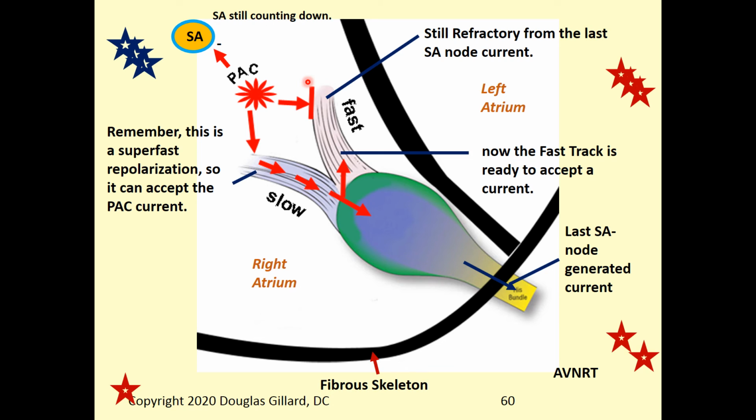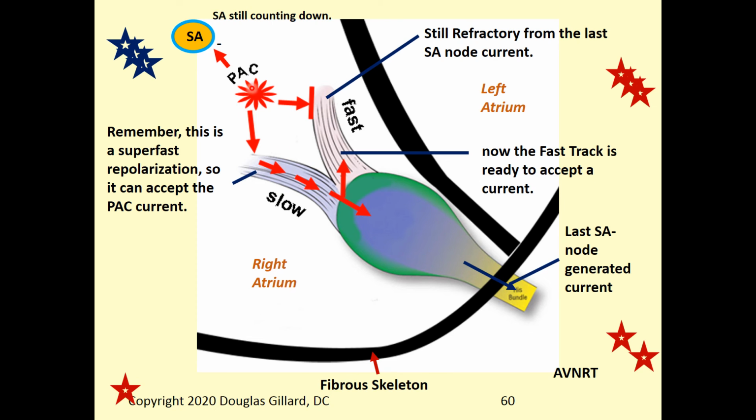And it's just like an SA node. It spreads everywhere. It knocks out the SA node, and then it travels right back down here again because this is a fast repolarizer. And so you get a wicked little current, and I mean it can run like 180, 200 beats per minute. It all depends on your physiology in here.